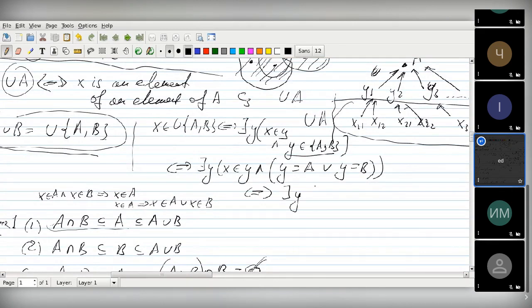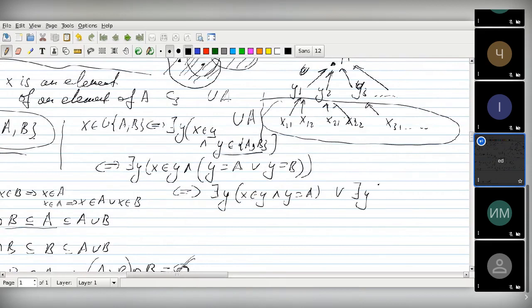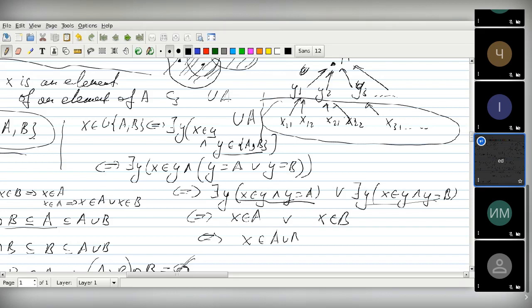Either there exists Y such that X is an element of Y and Y equals A, or there exists Y such that X is an element of Y and Y equals B. But that means Y is A, so X is an element of A, and this one similarly means that X is an element of B. So X is an element of this two-set union. Is it clear? Yes, it is.